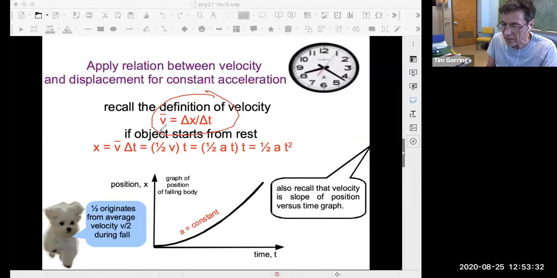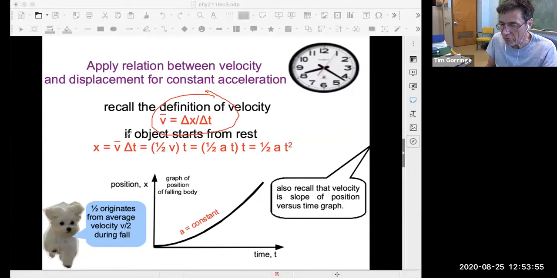In this particular case, with the object starting from rest, then the delta x here in the numerator, this is really just x. It's really just the distance traveled from that starting location of where I released it.